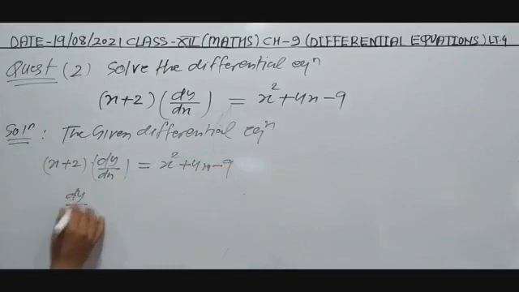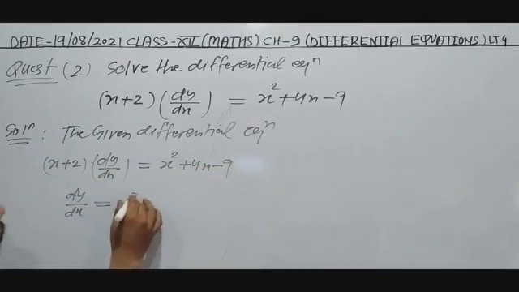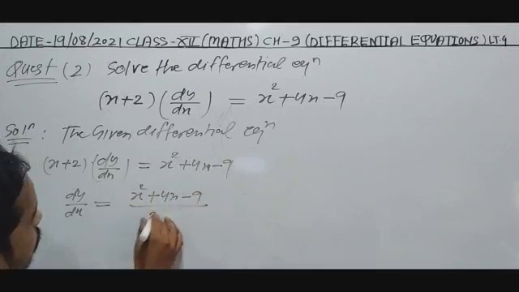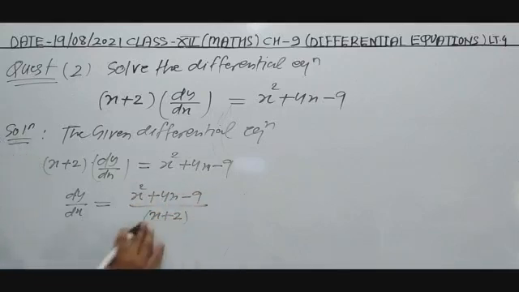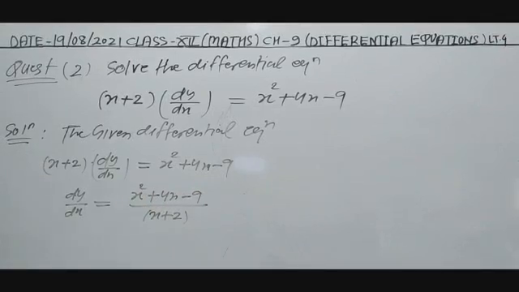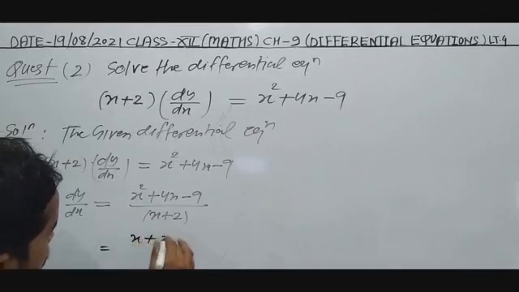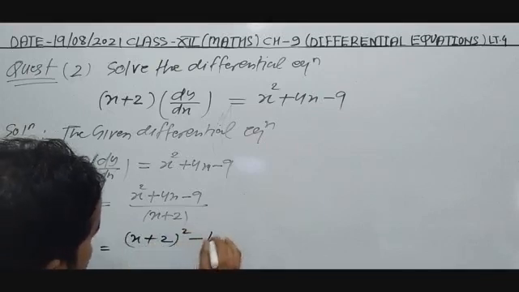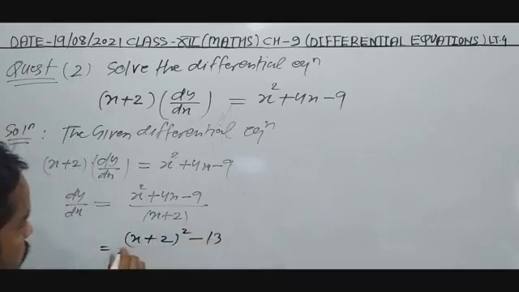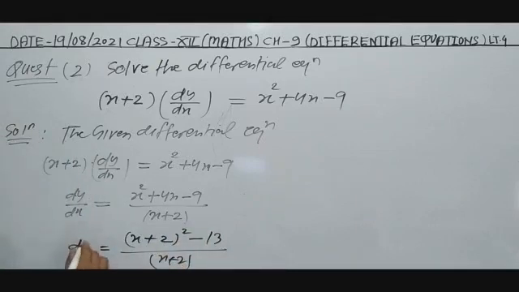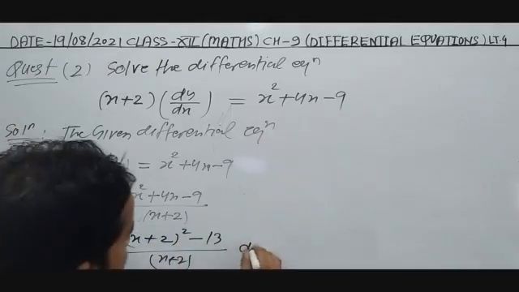This implies dy/dx = (x² + 4x − 9)/(x + 2). Now we have to simplify the term. This can be written as ((x + 2)² − 13)/(x + 2), and this result is dy/dx, so dx will be here.